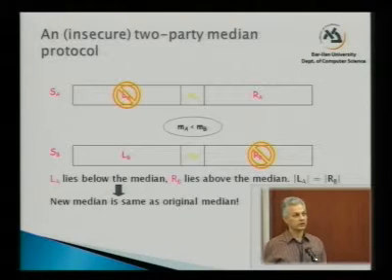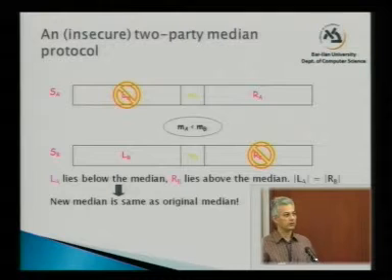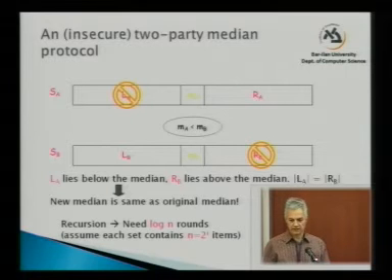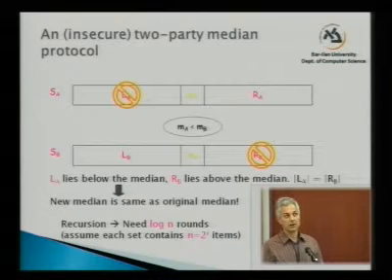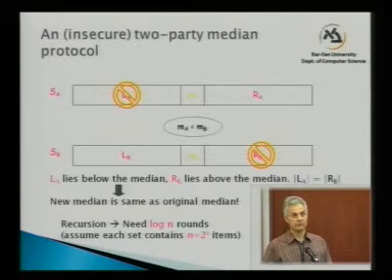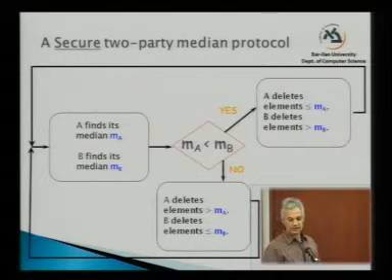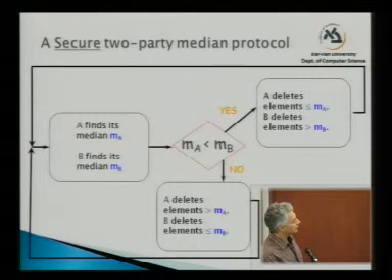And now, of course, we can repeat this process, do it over and over again, make the set smaller and smaller until we find the median. So this is an insecure protocol for computing the median, okay? And it takes log n rounds for sets of size n. But it works.